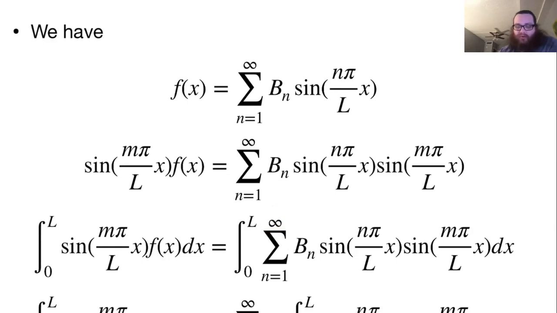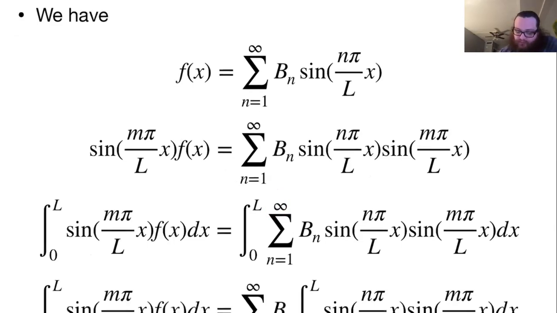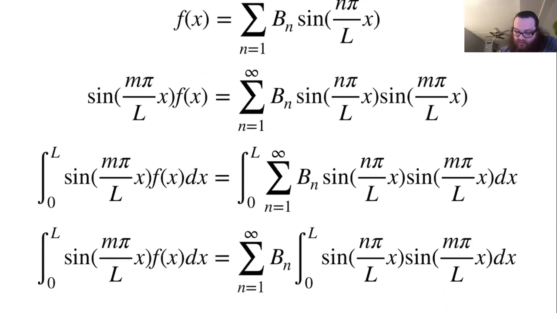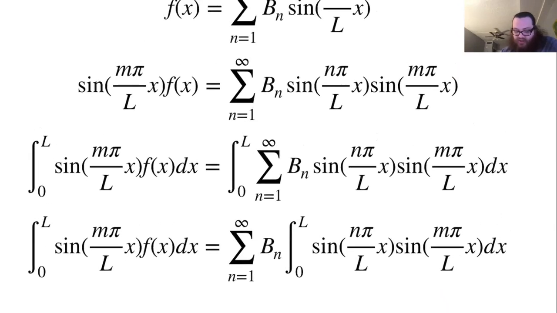We're going to assume it works out. Keep in mind that this b sub n is constant, so we can pull it out of the integration. We end up with the same integral on the left-hand side equal to this infinite sum of the constant b sub n times this integral.